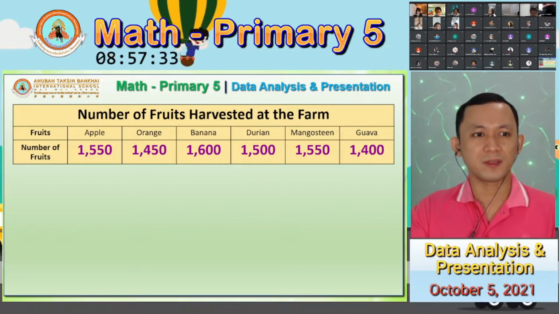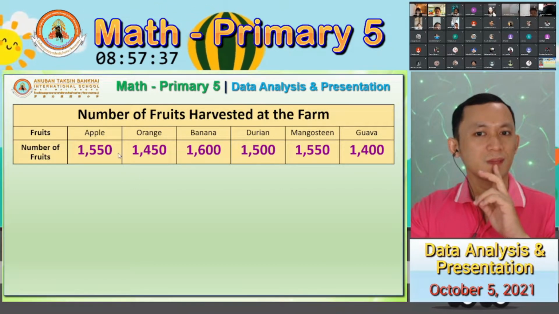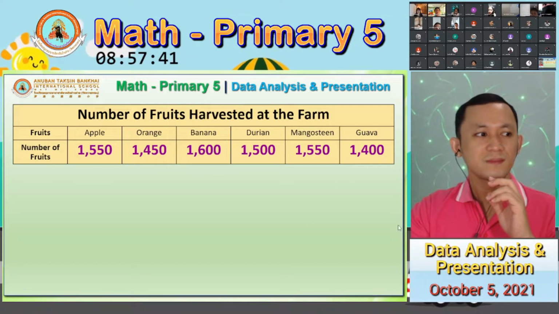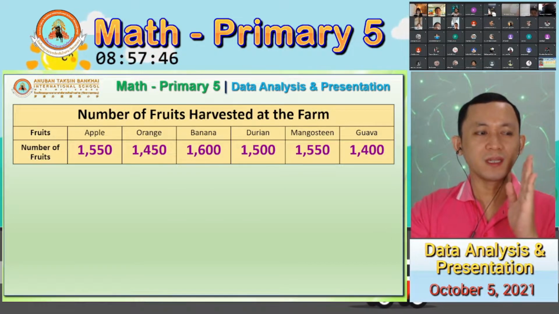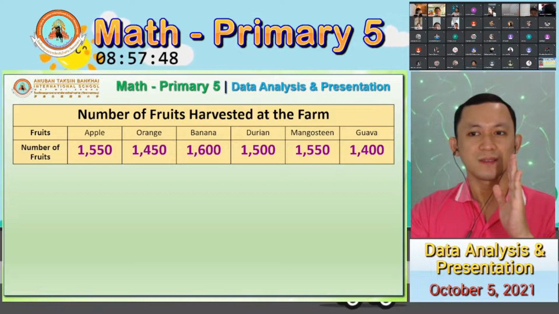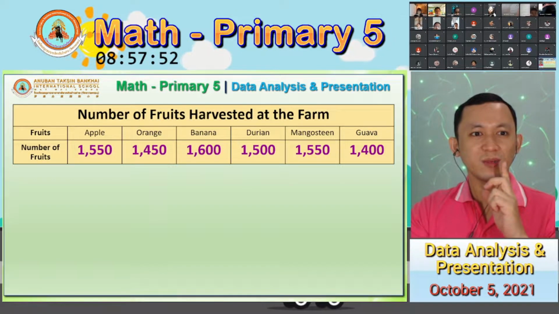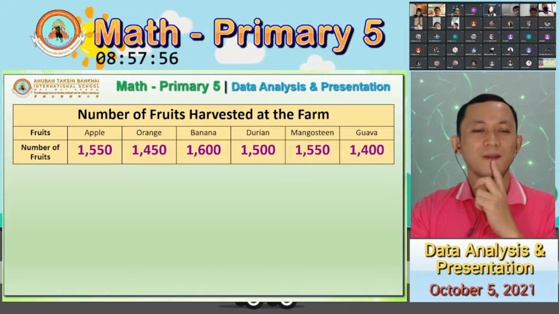How many apples was harvested? How many apples? We have 1,550. How about oranges? How many orange? 1,450.